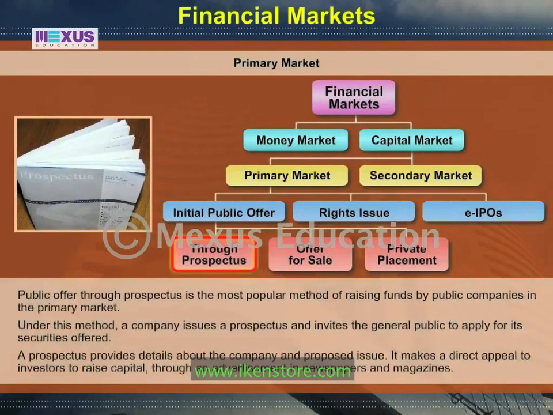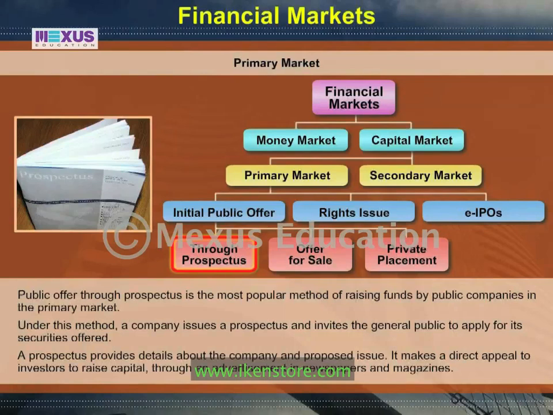Public offer through prospectus. Public offer through prospectus is the most popular method of raising funds by public companies in the primary market. Under this method, a company issues a prospectus and invites the general public to apply for its securities offered. A prospectus provides details about the company and proposed issue.